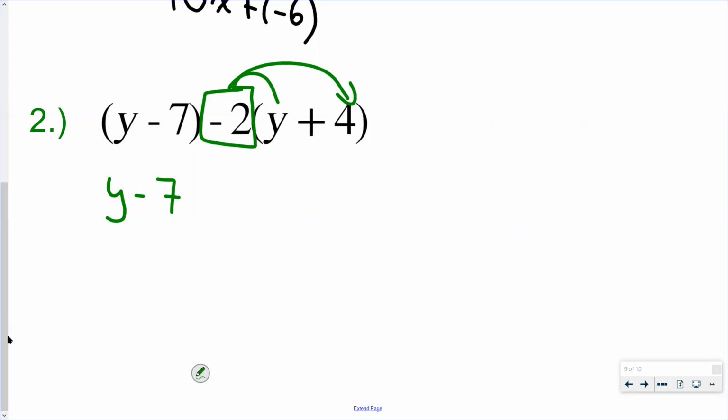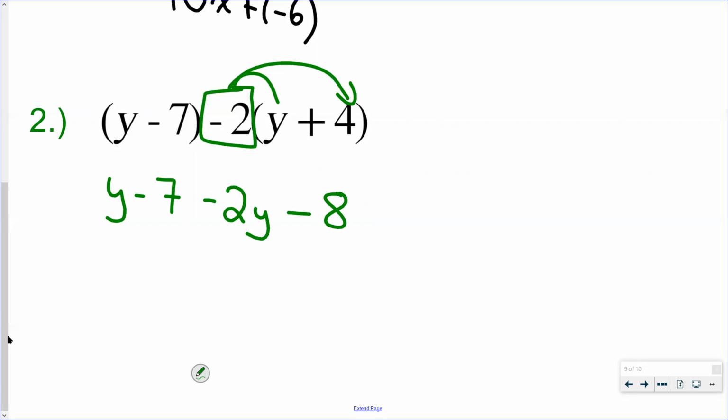So we have -2 times y. Negative times a positive is a negative. 2 times 1 is 2. So we have -2y. And then we have to distribute the -2 to the +4. A negative times a positive is going to give us a negative, and 2 times 4 is 8.